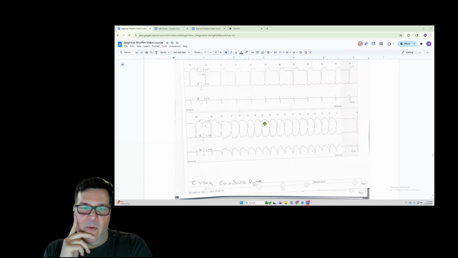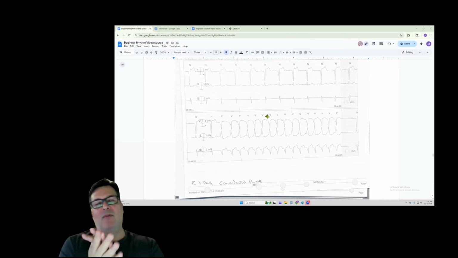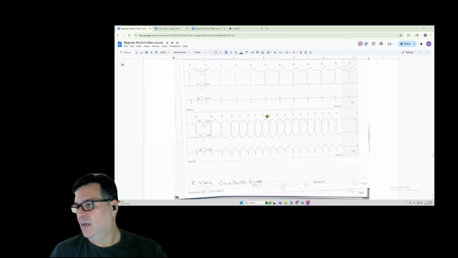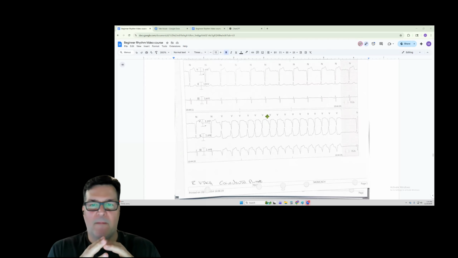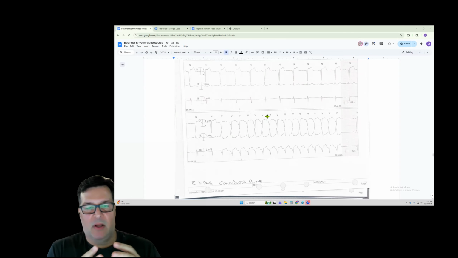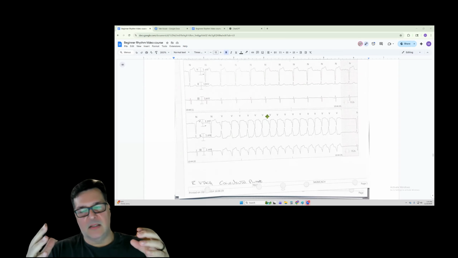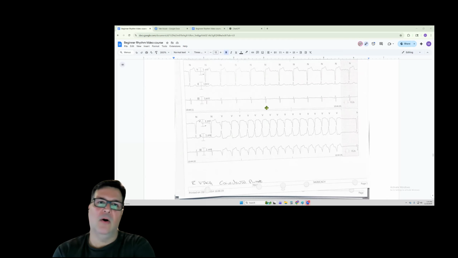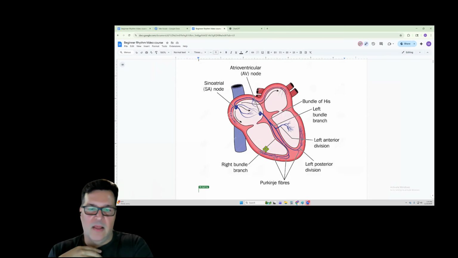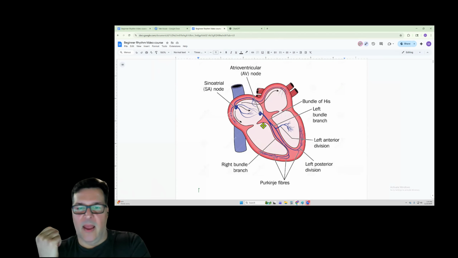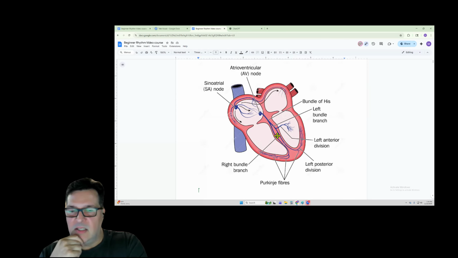This is kind of me nerding out, but if you think about the action potential of all cells. So if this excited cell in the ventricle down below comes in first, that wave of depolarization is moving up towards the top of the heart. And you can stimulate the atrial chamber with that wave of contraction.